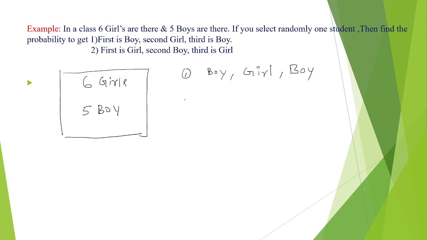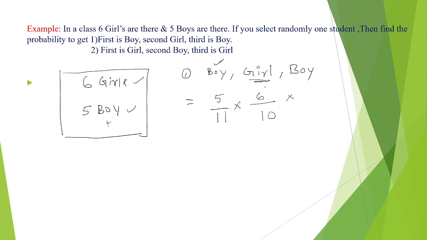So the probability to get a boy first is favorable outcomes 5 by total number of outcomes 6 plus 5, 11, multiplied with the probability of a girl. How many favorable outcomes to get a girl? 6 girls are there, and one boy already left, so only 4 boys remain. 6 plus 4 is 10.